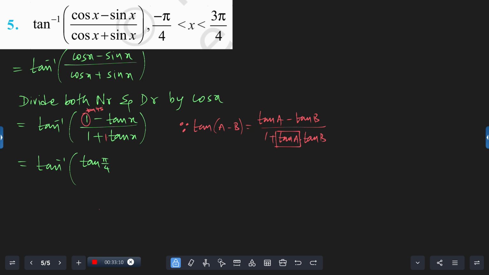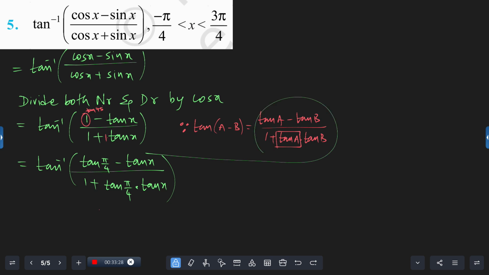Tan pi by 4 minus tan x whole divided by, this 1 I need in the formula, so I am not doing anything. The one I mentioned in red color, I am going to write as tan 45, which means tan pi by 4, multiplying tan x. Now you can see this looks exactly like tan A minus tan B whole divided by 1 plus tan A into tan B. So surely you can use the tan of A minus B formula.